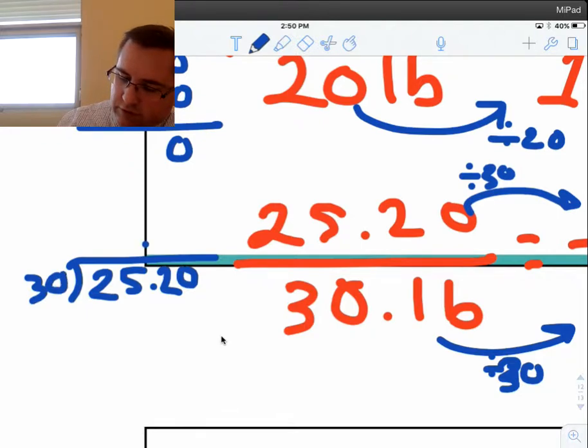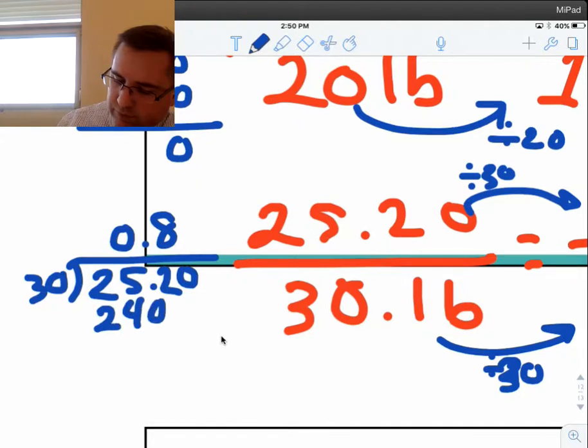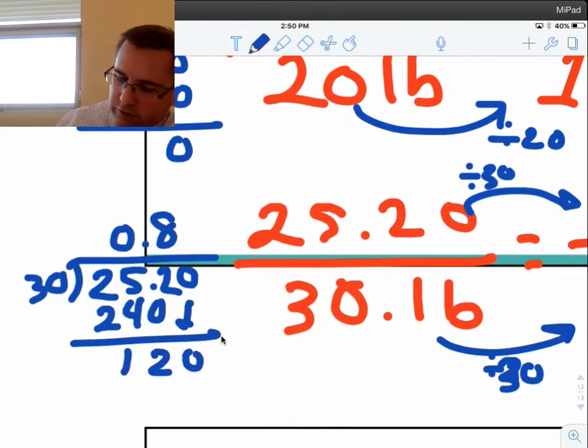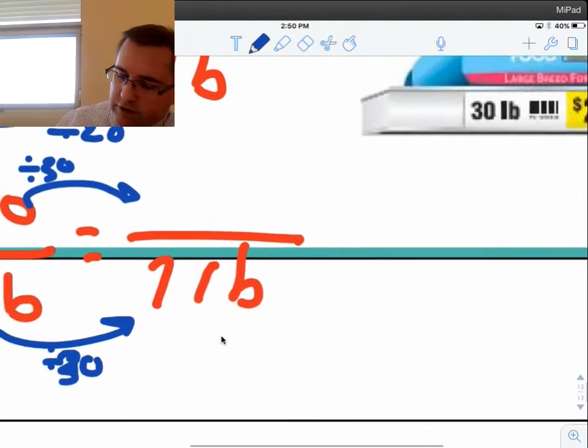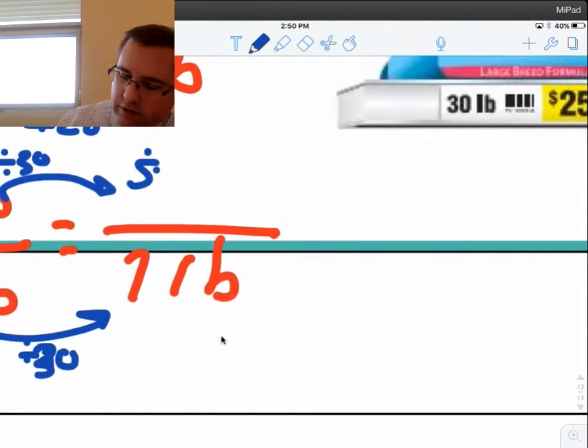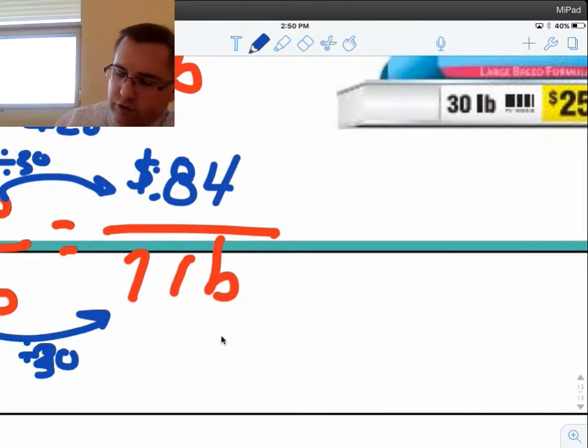It goes into 252, 8 times, that's 240. Subtract, I get 12. That's 4 times. So for dog food B, it is 84 cents per pound.